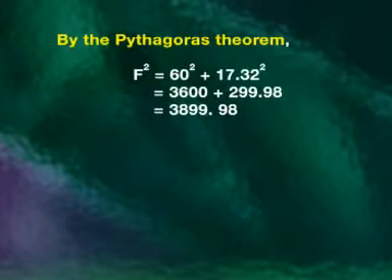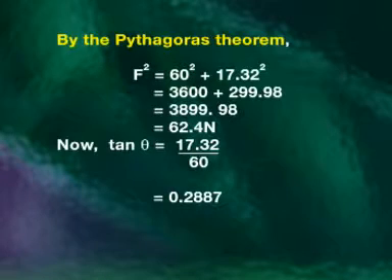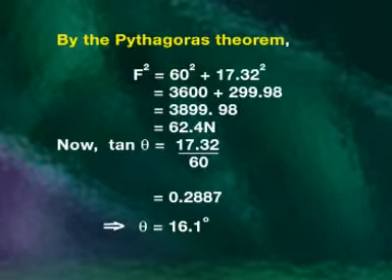This gives us 3899.98. The square root of this gives us 62.4 newtons. Now, tan theta equals 17.32 divided by 60. This gives us 0.2887. Finding the tan inverse of this gives us theta equals 16.1 degrees.